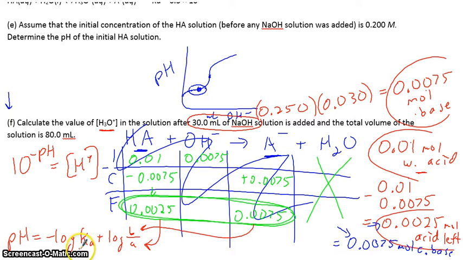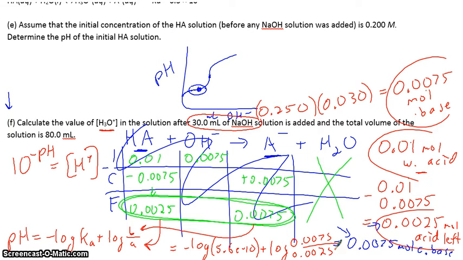So negative log of Ka, which was given to us before, negative log of 5.6 E negative 10, plus log of base over acid. Our base is 0.0075. Our acid is 0.0025.